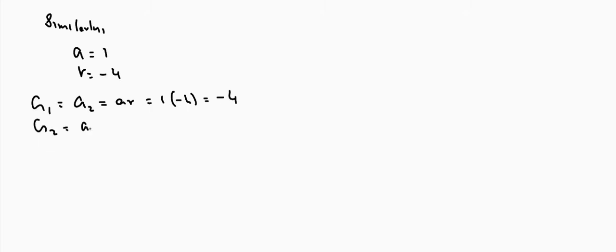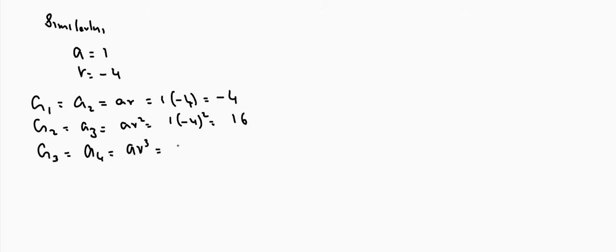G2 will be A3, that is AR square, 1 into minus 4 square, we get 16. And the third number G3 is equal to A4, AR cube equals 1 into minus 4 cube, we get negative 64.